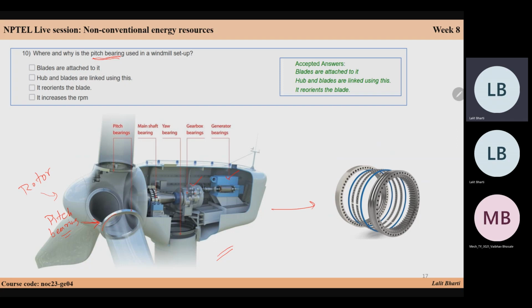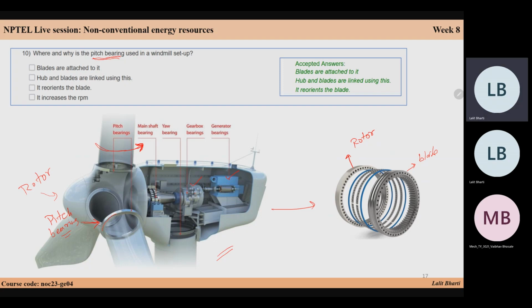The pitch bearing is basically made up of multiple rings. This ring is attached with the rotor and this ring is attached with your blade. These pitch bearings are used to align the direction of the blade. If you change this direction or slightly rotate the blade, that is called changing the pitch of the blade.